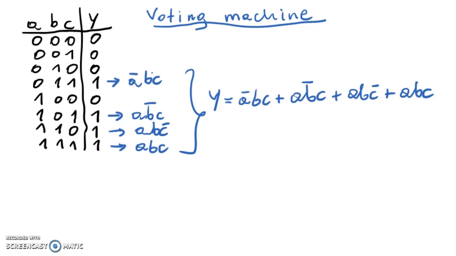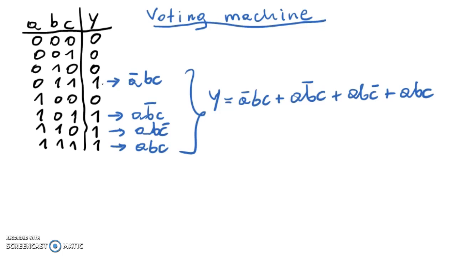And I also presented a very simple rule to get the expression for the output function y, the overall result of the voting. In general, any function can be found in this way. So what's the algorithm?